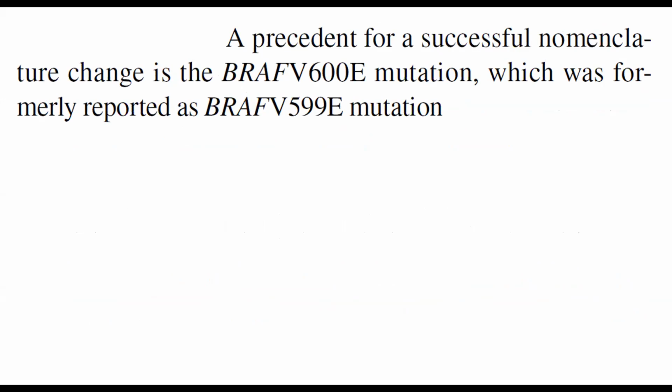BRAF V600E was not always BRAF V600E. It was formerly BRAF V599E. It's exactly the same situation, the early cleaving of the first amino acid residue. And everyone knows BRAF V600E. In your sleep, you know that. Now, BRAF V599E, not so much. It's disappeared. The transition was made.